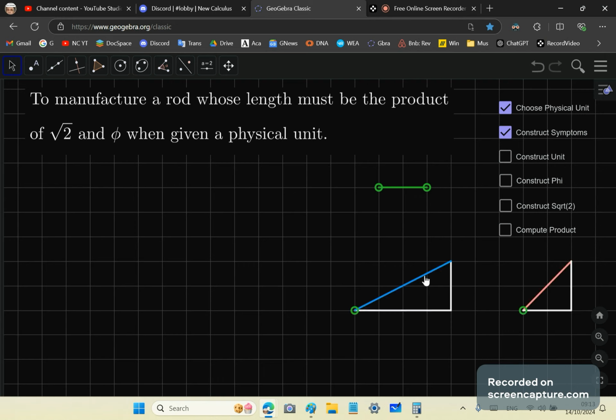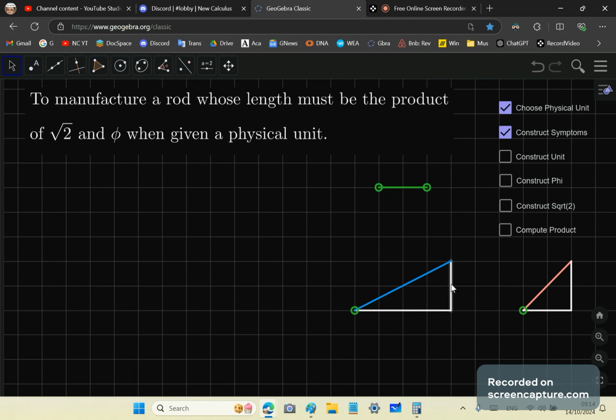These are the symptoms. This here is the symptom of square root 5. If we want to get exactly square root 5, this length here is, if this is the unit, what we think of as square root 5, but there isn't really a square root 5. Square root 5 means the measurement of this line using this line here.